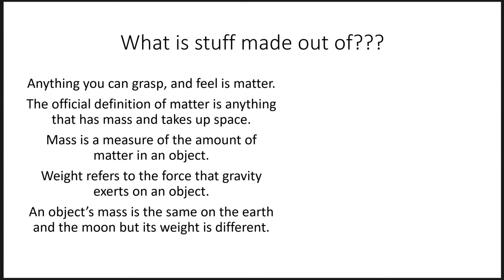And the reason I bring this up is people often get mass and weight confused. They use the terms interchangeably. Weight refers to a force that gravity exerts on a mass. So you can be weightless in space, but you are not massless in space. So you always have the same mass no matter where you go.